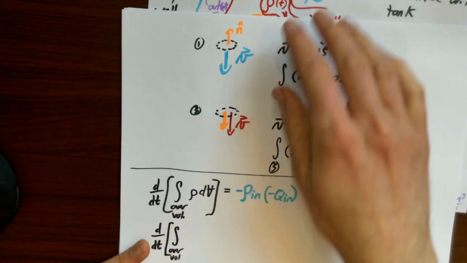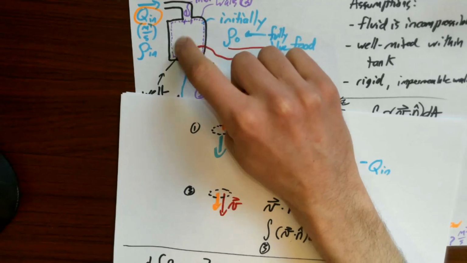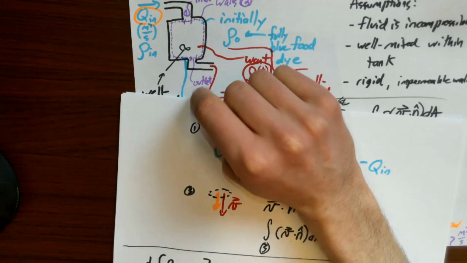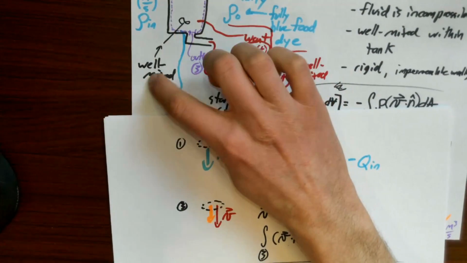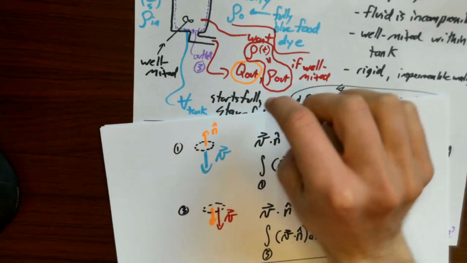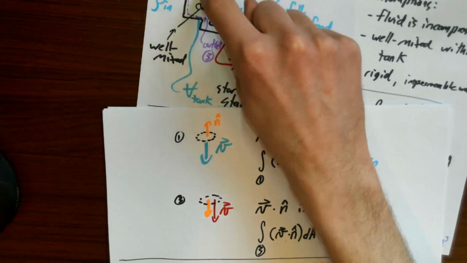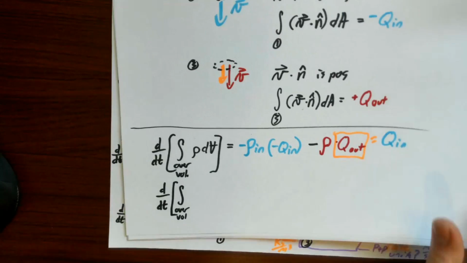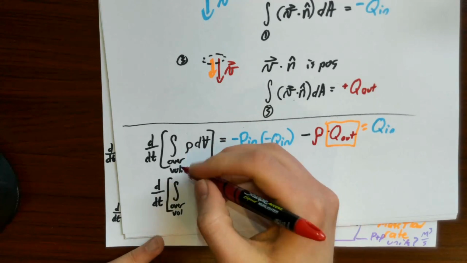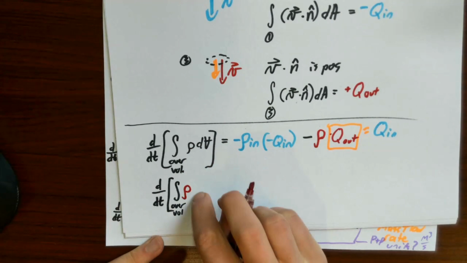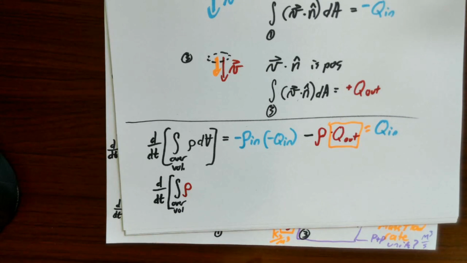What rho are we talking about in the tank? Strictly speaking, density could vary over the tank. Density can vary spatially in general, so we need to be a little bit worried about the rhos we deal with here. But if we're saying we're well mixed in the tank, there's this one density rho that we're applying to the whole tank. So in this case, we can replace this with the rho that we're looking to solve for as a function of time.